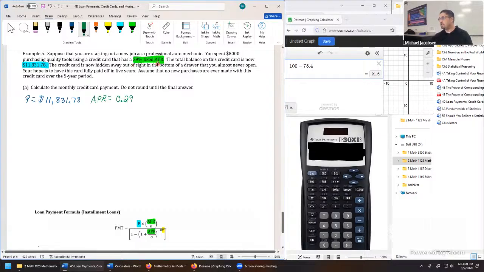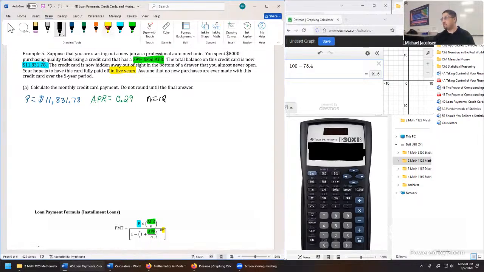Now it says next, the credit card is hidden away, and the hope of hopes is that this card is fully paid off in 5 years. That's going to be the term, but let's also put in the n value is 12 for monthly payments, which will be 12 months. And they directly told us the term is going to be 5 years.